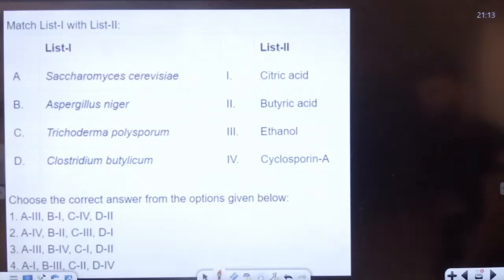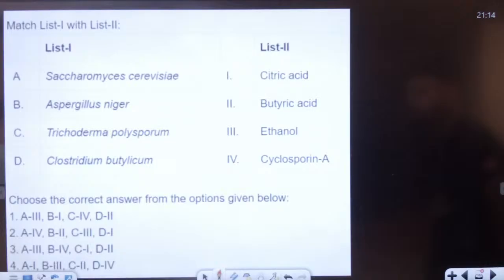This is a different question, students. Start, all of you. Saccharomyces cerevisiae, ethanol. Aspergillus niger, citric acid. Trichoderma polysporum is cyclosporin A. Clostridium butylicum is butyric acid.